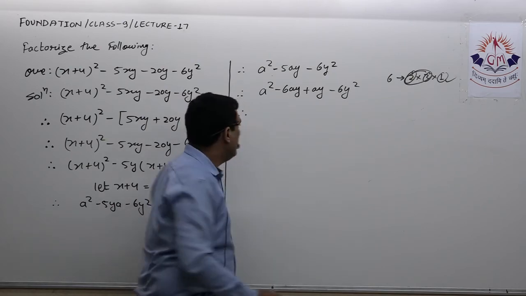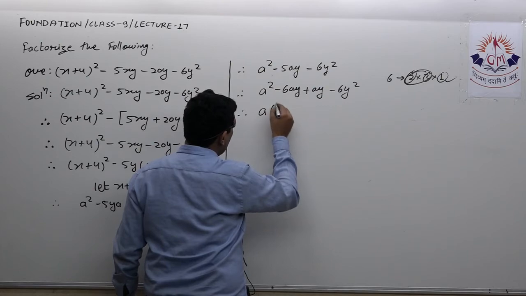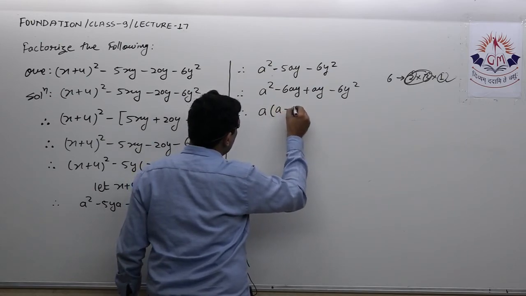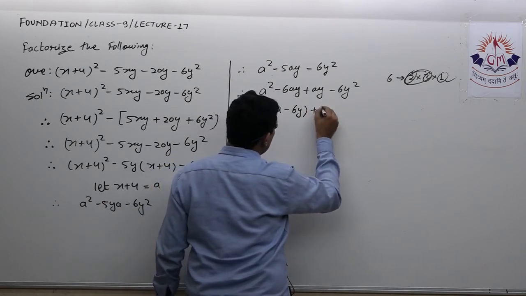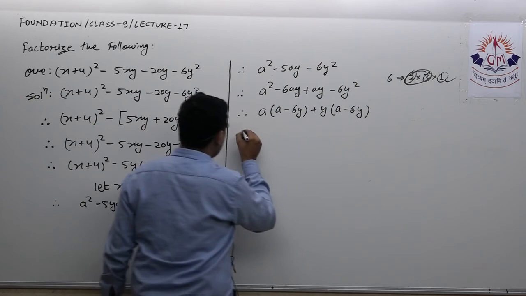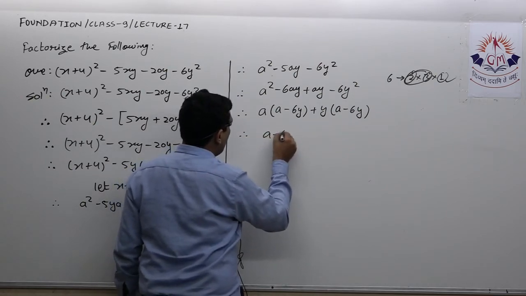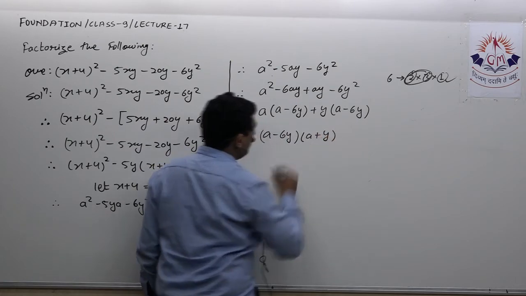So absolutely correct. Now from these two I'll take a common, so here I get a minus 6y. From these two I can take y common, so I'll get a minus 6y. Now from these two I will take a minus 6y common, so here I will get a plus y.